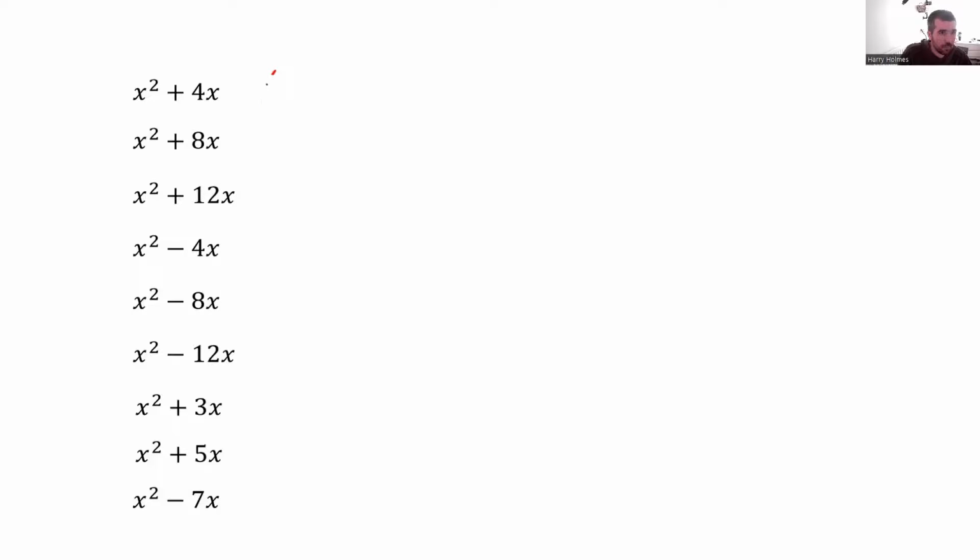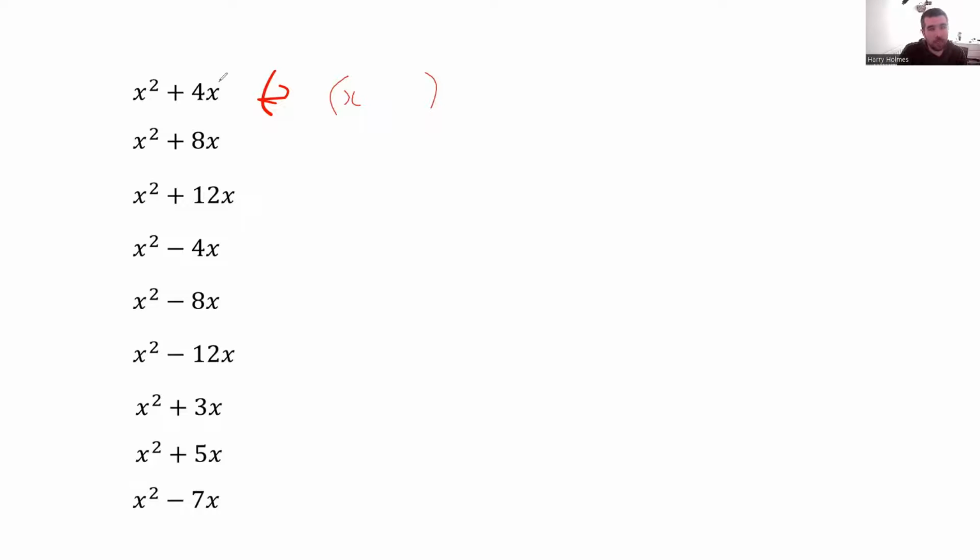So my square bracket in this case is x, and now it's going to be half of the number in front of the x.